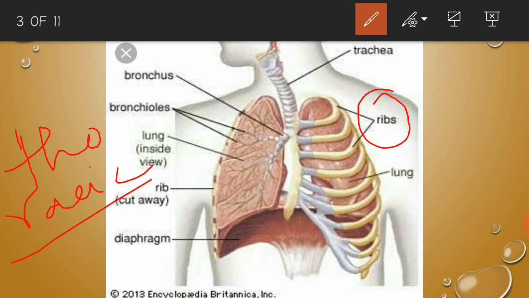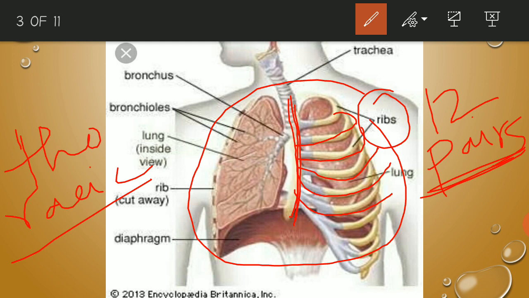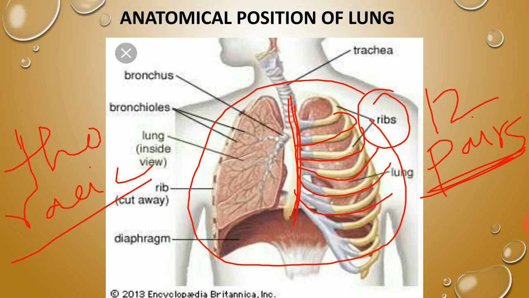See here, this is the sternum and these are the ribs, and in the rib cage there are 12 pairs of ribs. Okay, and this thoracic cavity or the whole chest cavity is separated from our abdominal cavity by a muscular layer known as the diaphragm.